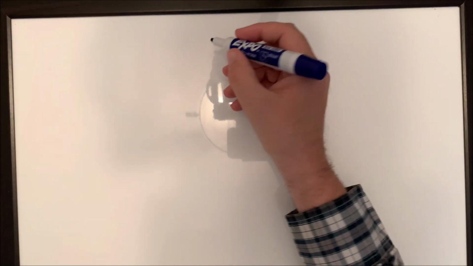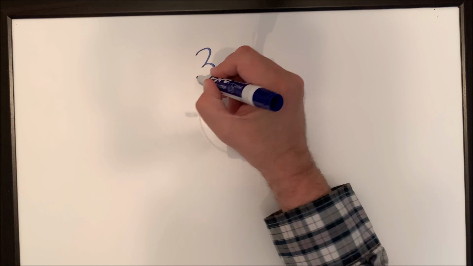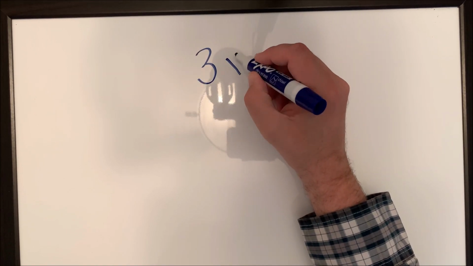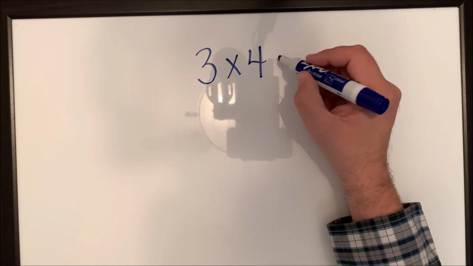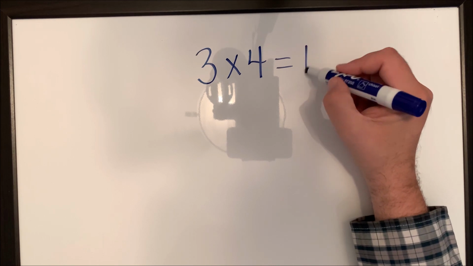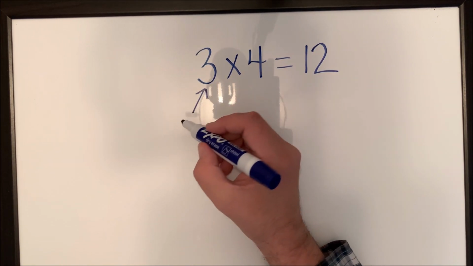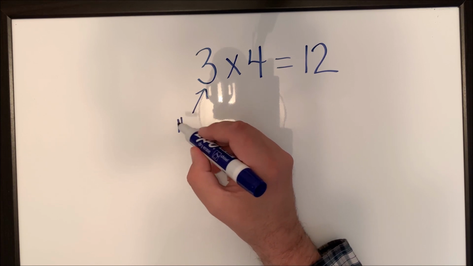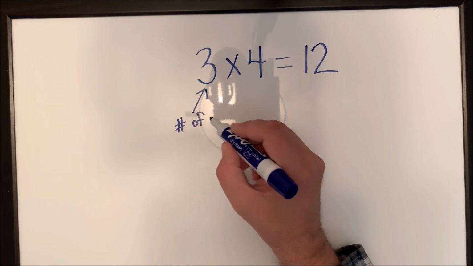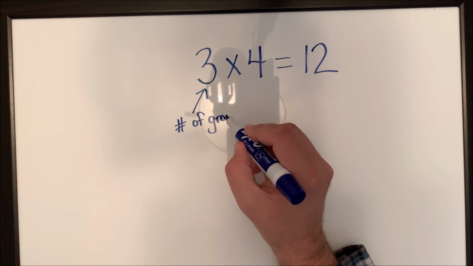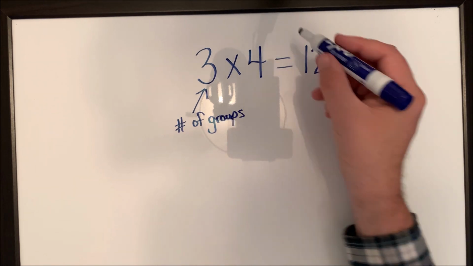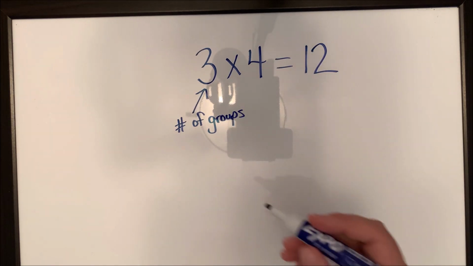Okay, division. Just to go back and review what we learned last week. We learned that 3 groups of 4 equals 12. Again, the first number represents the number of groups, and this number represents how many are in each group.